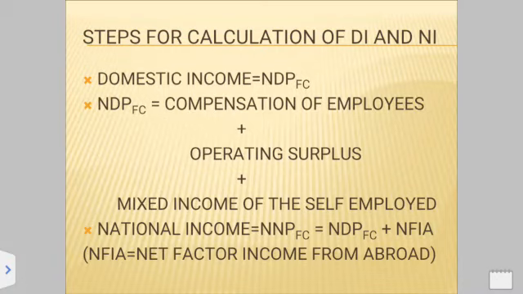We cannot differentiate or segregate. Suppose at the end of the year the farmer has an income of 5,000. Where does this 5,000 come from? Will you say this 5,000 is his compensation of employee? Is it his wage? Will you call it his profit? Will you call it his interest?